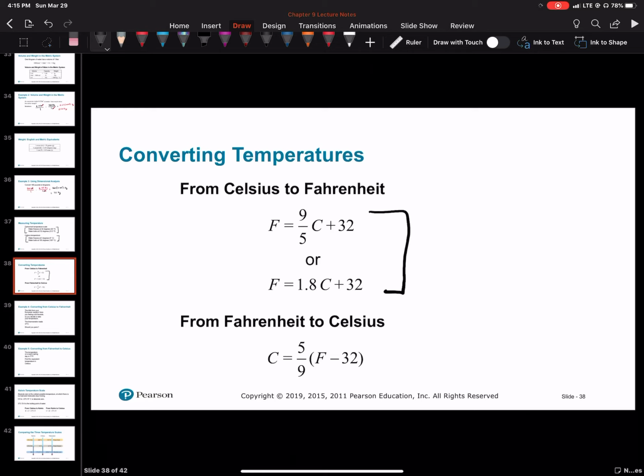So now, if we look at from Fahrenheit to Celsius, we have C is equal to 5/9 times F minus 32. So all they did was they took the original, F equals 9/5 times C plus 32, and they solved for C. And that's how they got from Fahrenheit to Celsius.